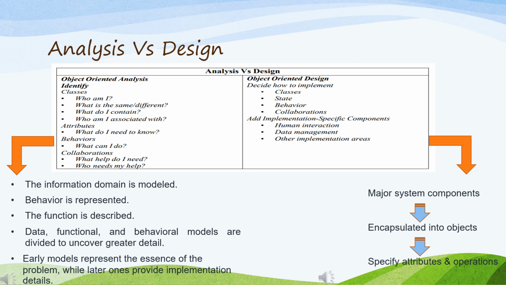An analysis model created using object-oriented analysis is then transformed by object-oriented design into a design model that works as a plan for software development. OOD results in a design having several different levels of modularity. For example, the major system components are partitioned into subsystems.